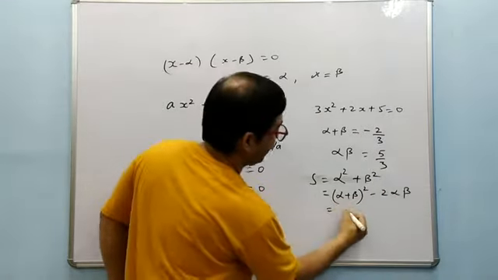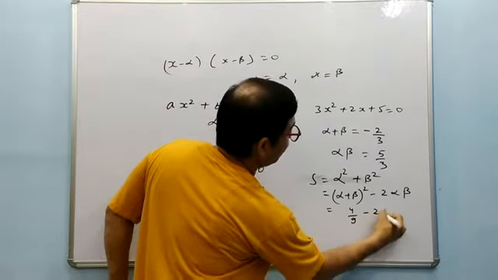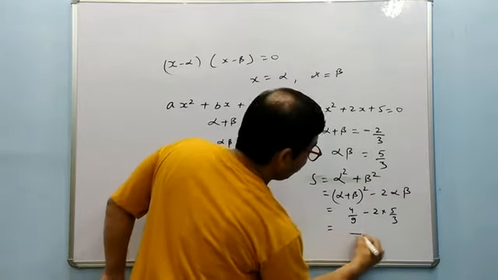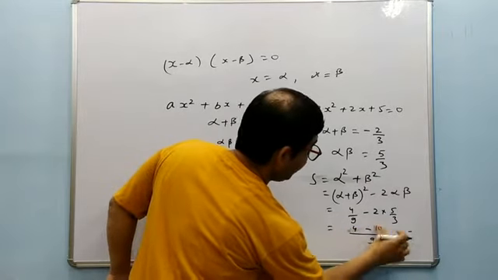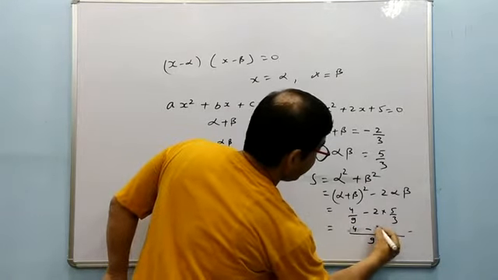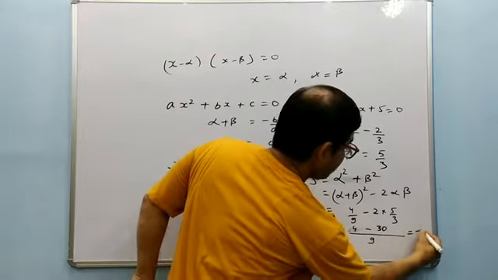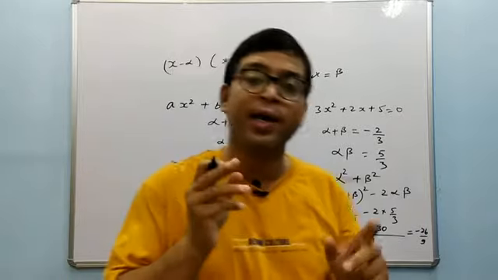Here it is minus 2 by 3. So that is coming out to be 4 by 9 minus 2 into 5 by 3. So we can get the value of s very easily. It is 4 minus 30 over 9, so it is coming out to be minus 26 by 9. This is the sum of the roots of the required equation.